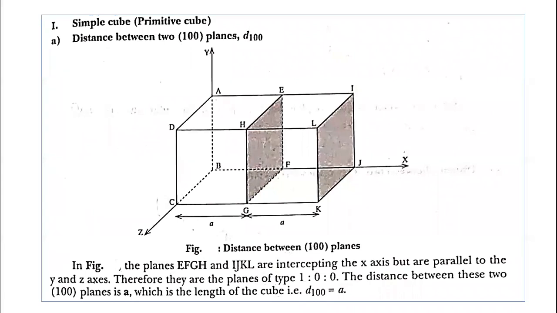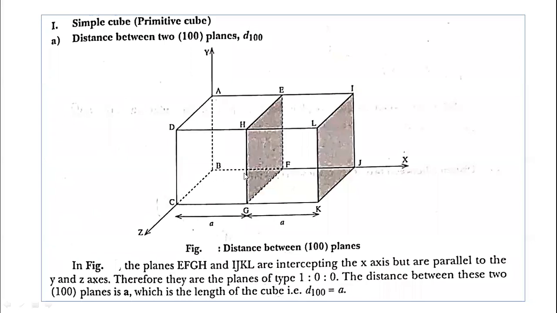So now on the screen, the simple cube is shown here, and the 100 plane is also shown here. And we want to see the distance between the two 100 planes. So you can see the figure here.